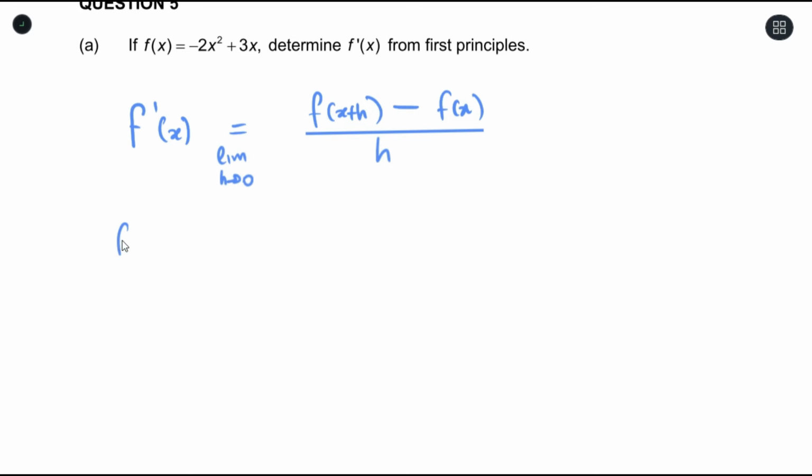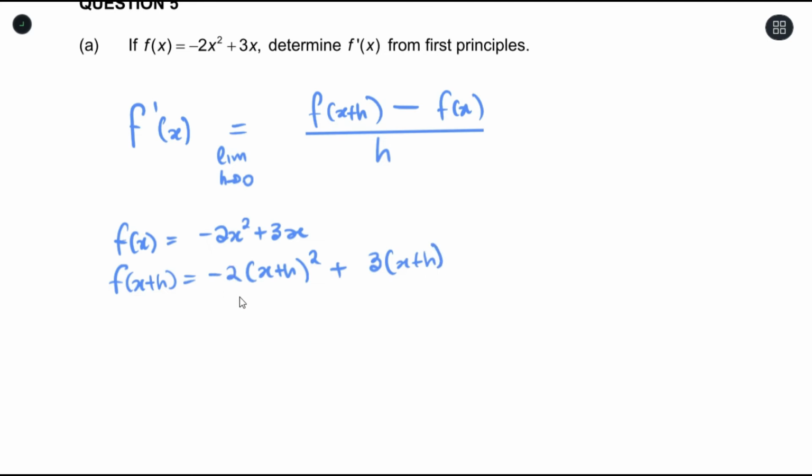Now, the next thing we also need to find is what f(x plus h) is. So if f(x) is negative 2x squared plus 3x, it would mean that f(x plus h) would be, yeah, replacing x with x plus h.